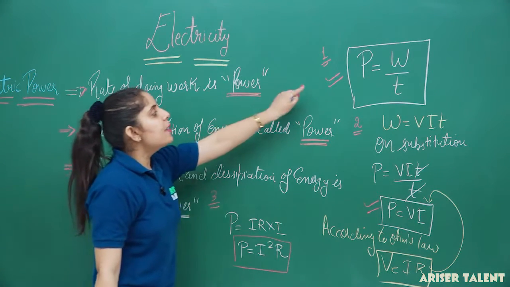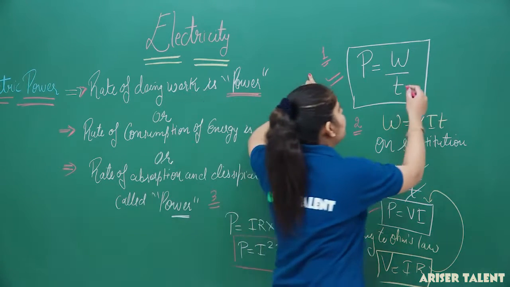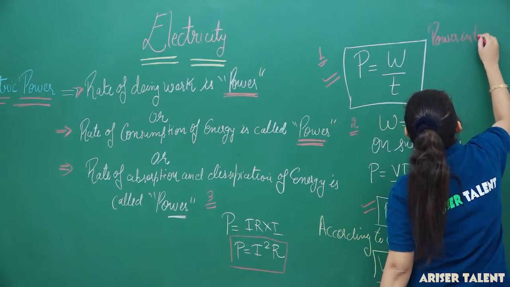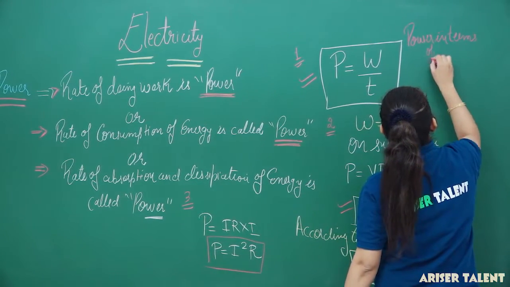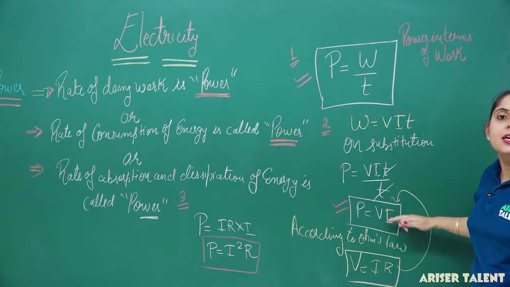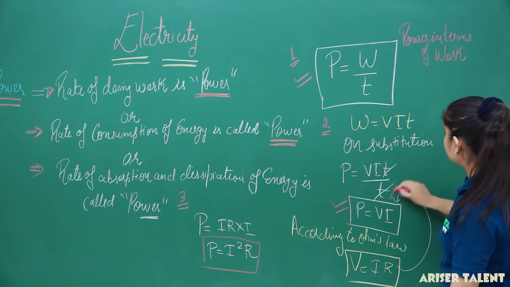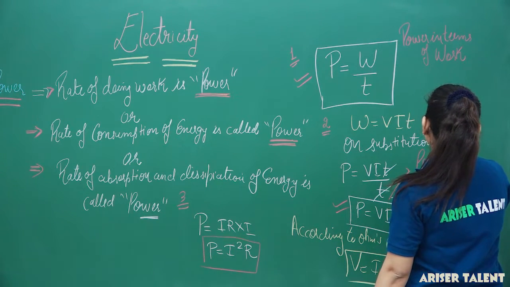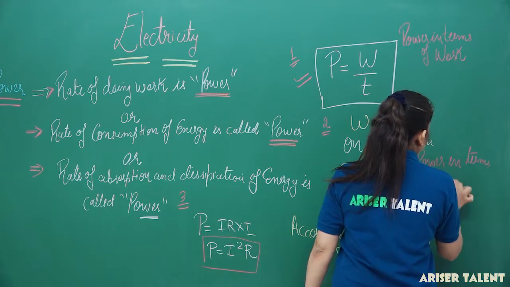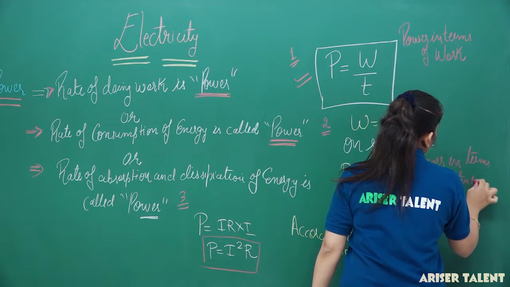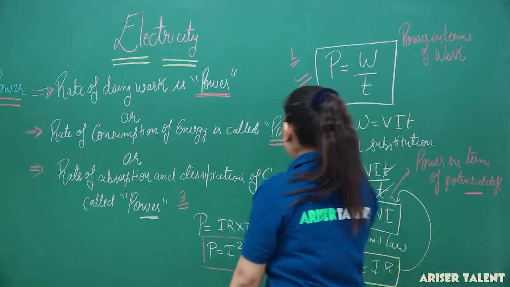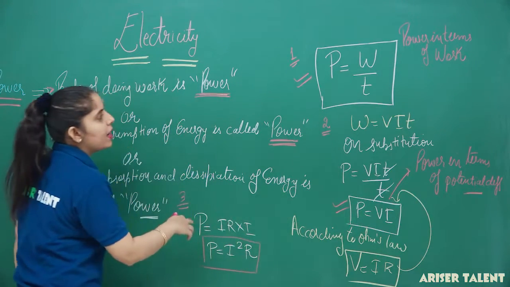So this is the power in terms of work. This is the power in terms of potential difference and current, and this is the power in terms of current and resistance.